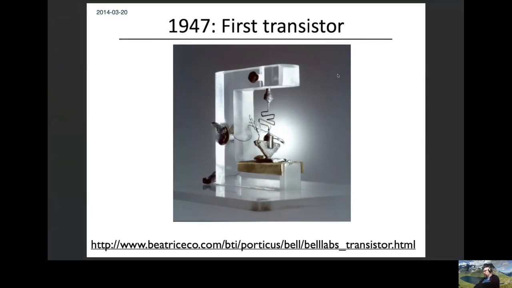It was huge. It was not a CMOS. I don't really know what it was. I think it was a bipolar device. But it started a revolution, and one that's still going today. And it formed the basis of all electronics that we find today.